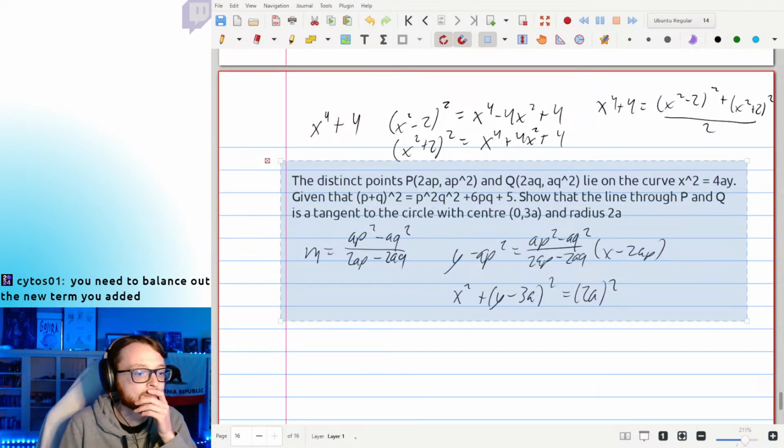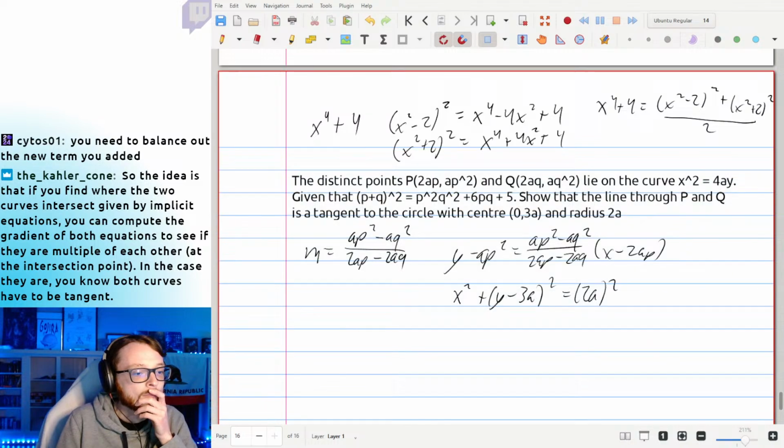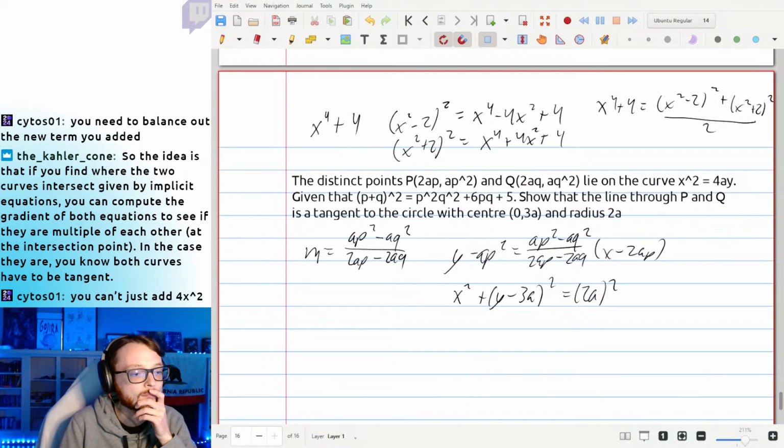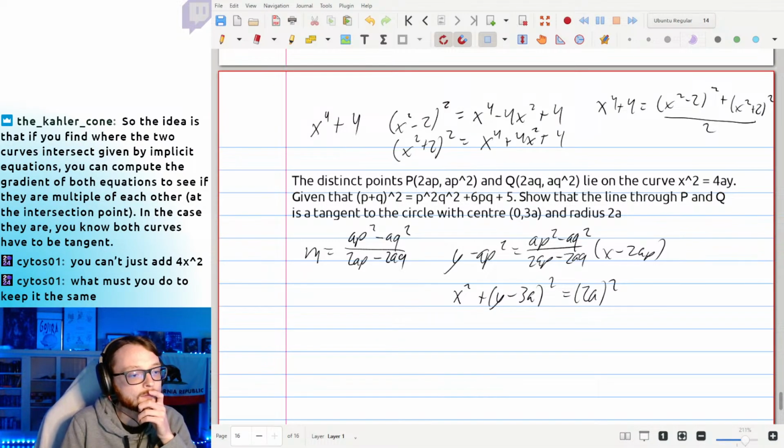The idea is if you find where the two curves intersect by implicit equations, you can compute the gradient of both equations, see if they are the multiple of each other. Okay, caller.